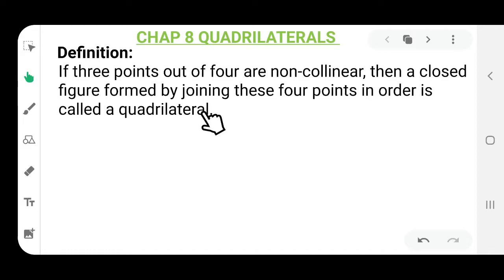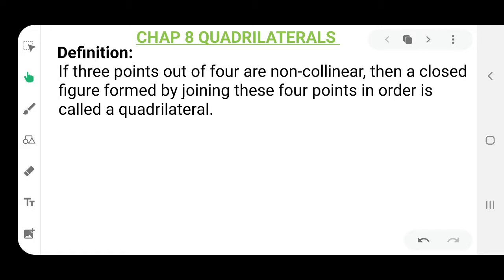Now let's break it down and understand it carefully. If there are 4 points on a plane, suppose on a page or any surface, and from those 4, 3 points are non-collinear.